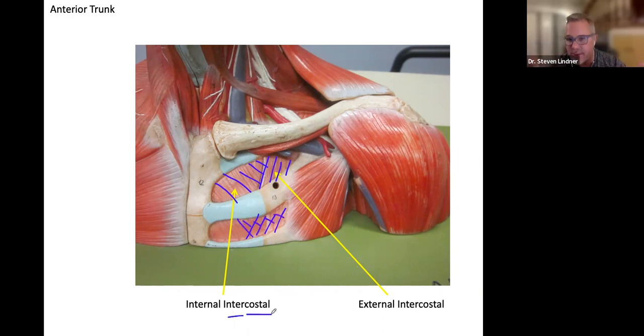Intercostal means between the ribs. They're involved in elevating and depressing the ribs during breathing. The externals go in the direction of your forearms. If you were to put your hands in your pocket, the external intercostals go in that direction, like putting your hands in your front pocket.